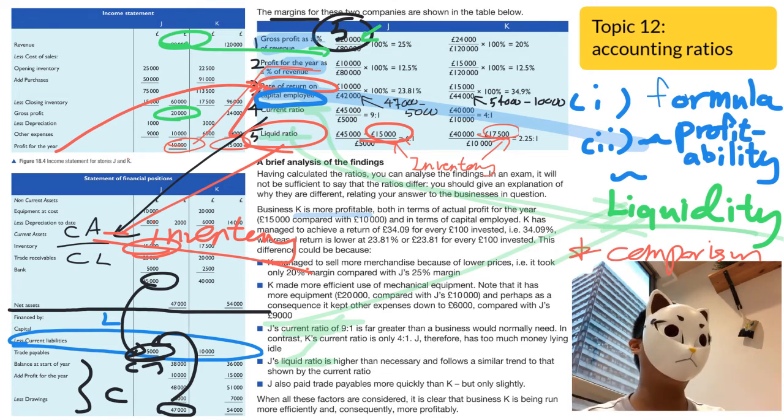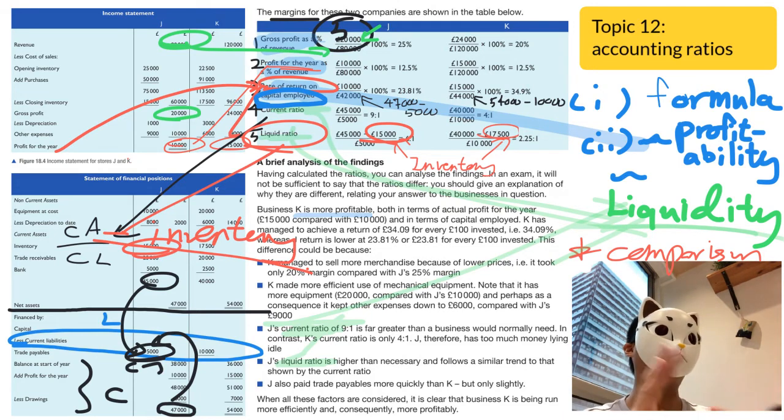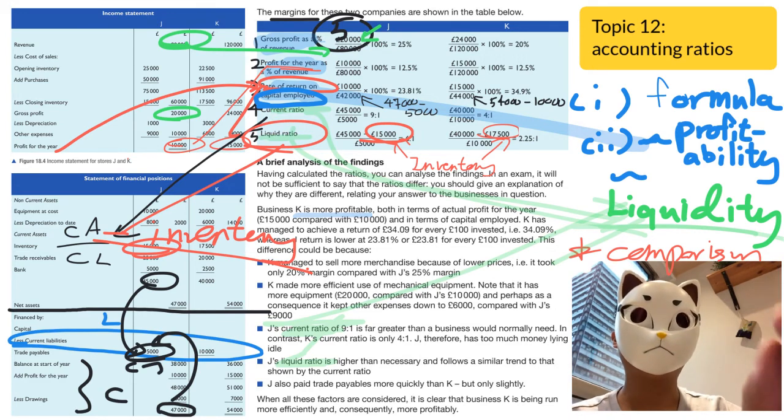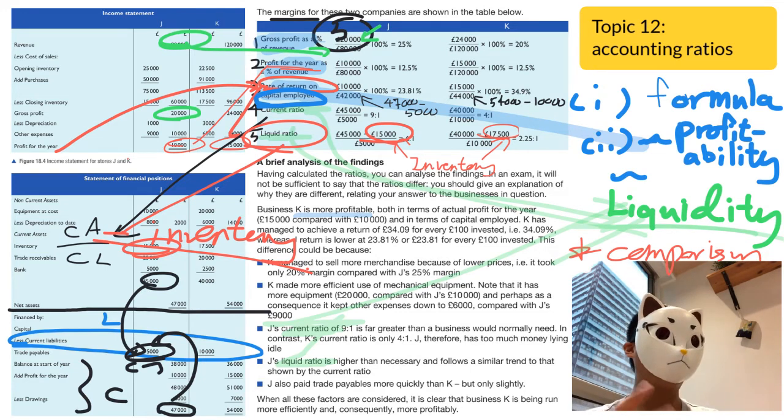Now this is the first thing you have to understand. When we do comparison, we can do it in two aspects: profitability and liquidity. So these are the aspects. So you have to do it. You can use these three formulas for the profitability and these two formulas for the liquidity. Now next, you have to give your explanation.